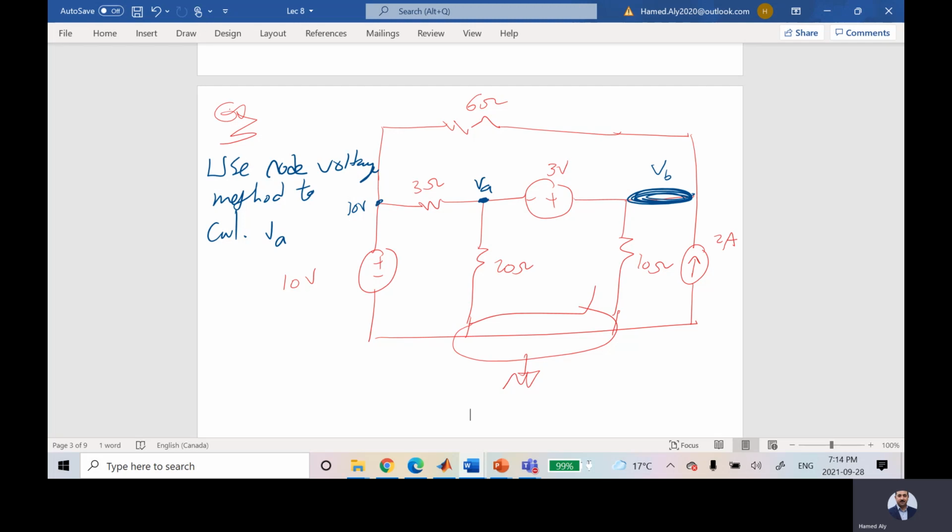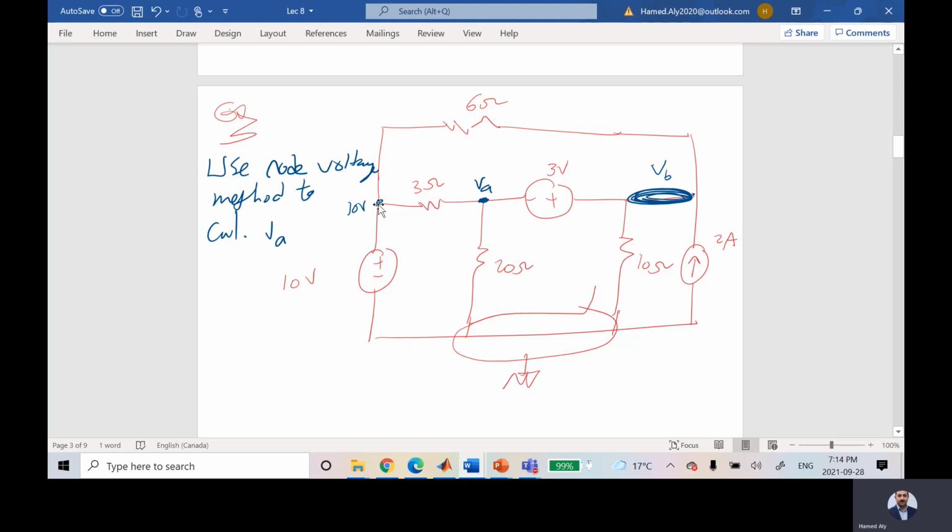But before I start solving such a problem, I have to ask myself a very important question. Why am I using the node voltage method? To calculate what? The voltage, right? If the voltage is given, do I need to say summation of the current for that node is equal to 0?